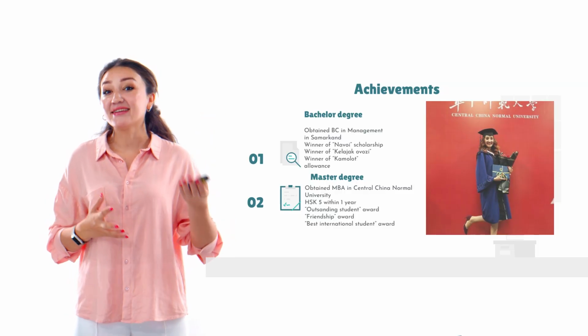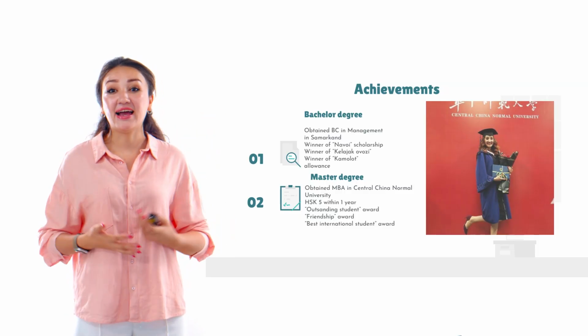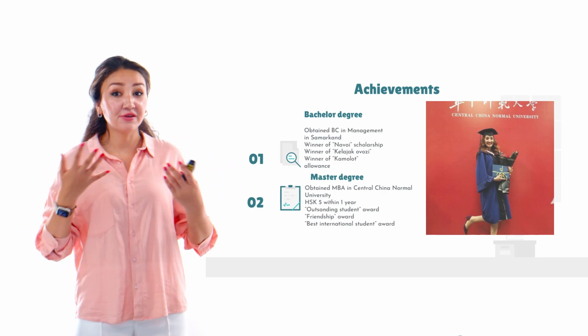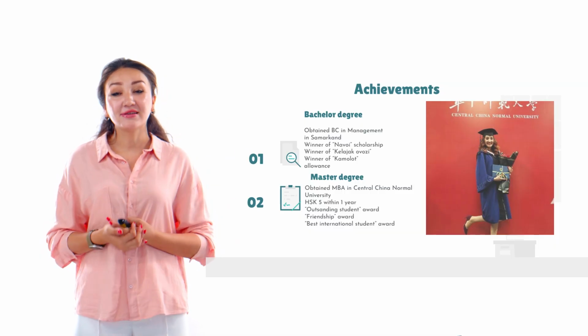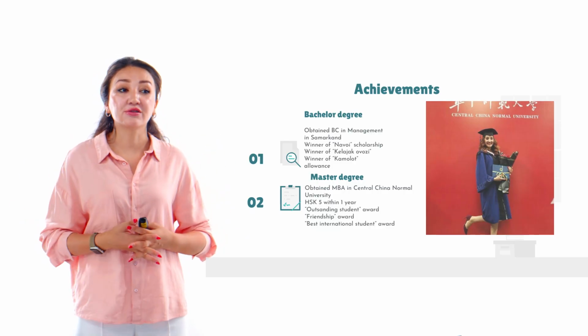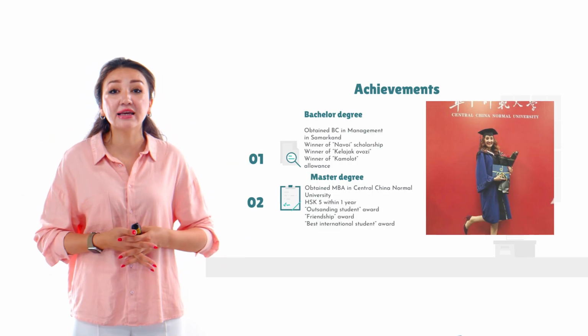So that is me. I had my bachelor's degree in Uzbekistan, in the field of management, and I had my master's degree, an MBA, from a top 500 university, Central China Normal University.